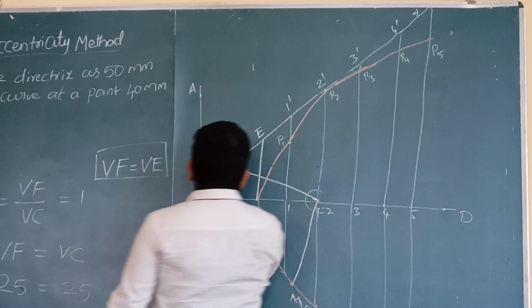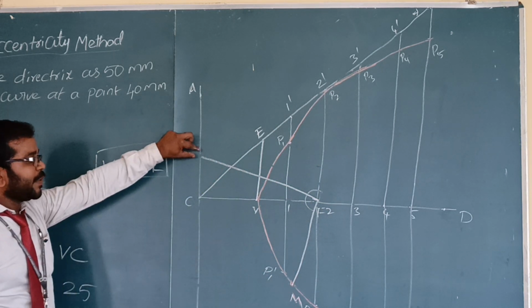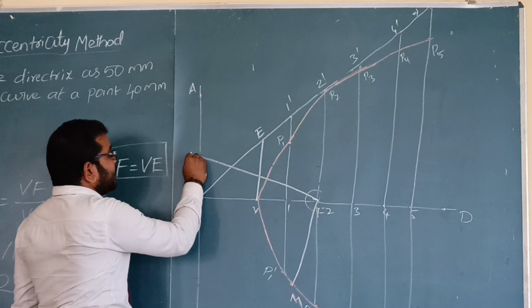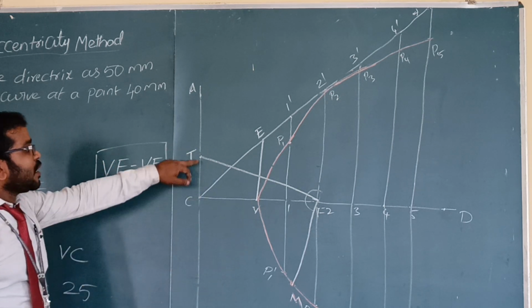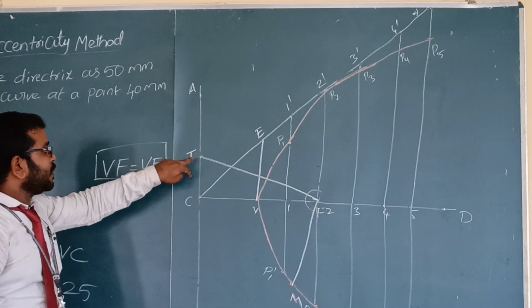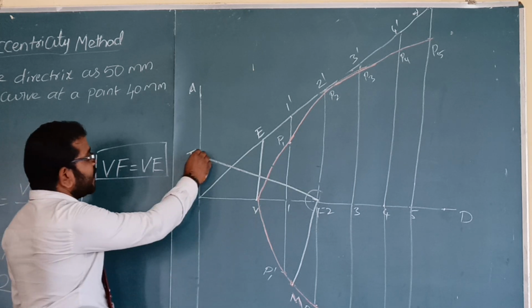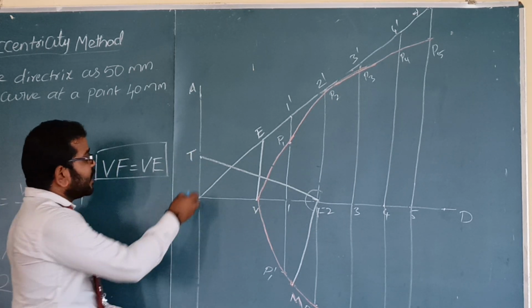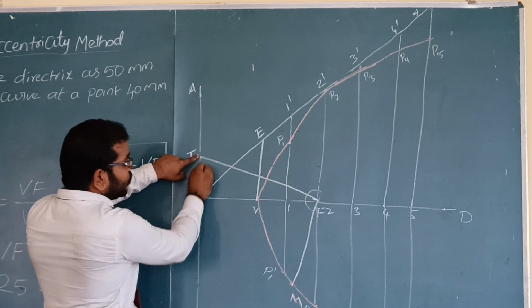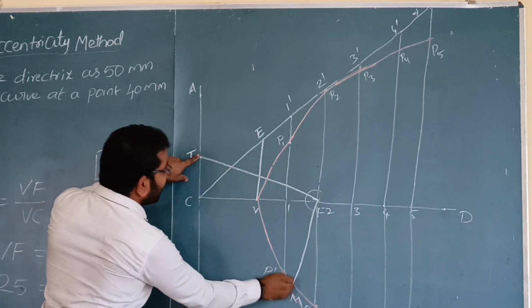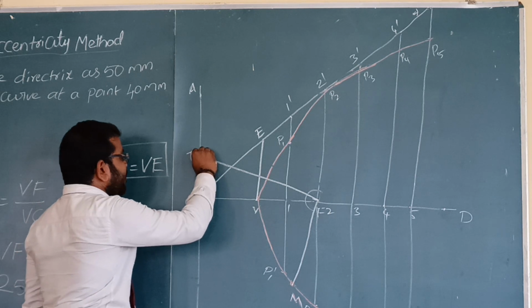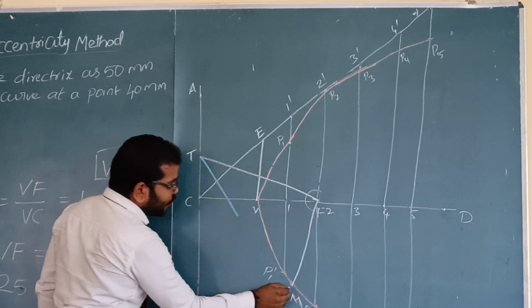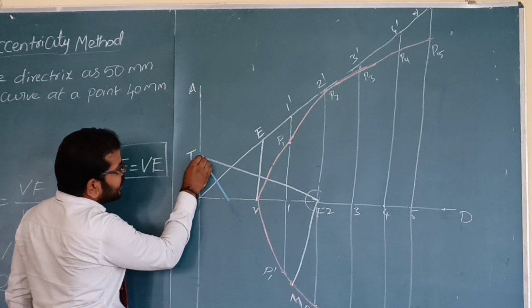Where this perpendicular line intersects the directrix, make a point T. This is the starting point of the tangent. From this point T, join the point M. This is the tangent, drawn from the point T to M.